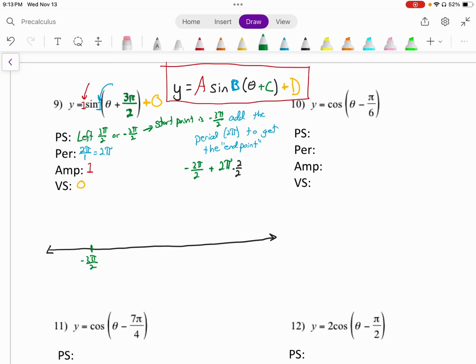And so this is negative 3 pi over 2 plus 4 pi over 2 is positive pi over 2, 1 pi over 2. So our end point, I'm just kind of picking a random spot here, and I'm saying that's our end point, pi over 2.